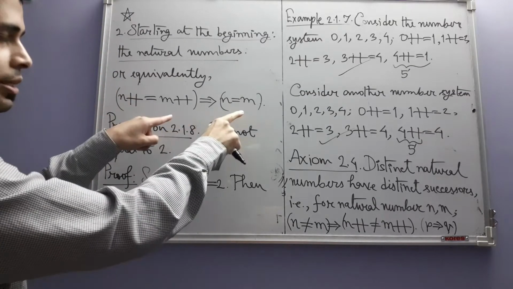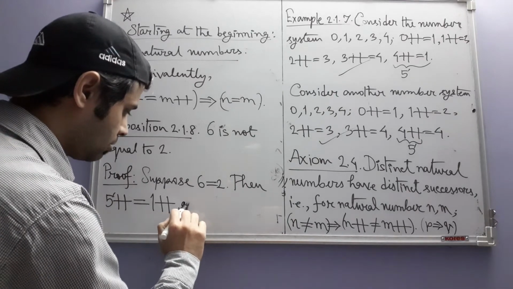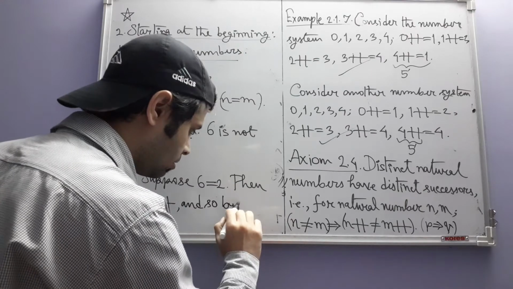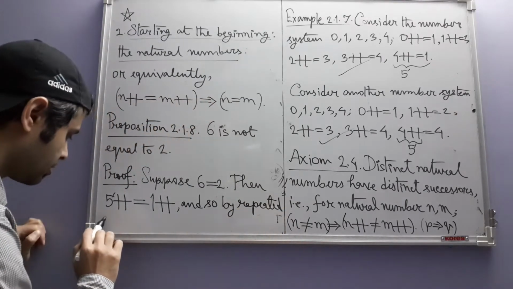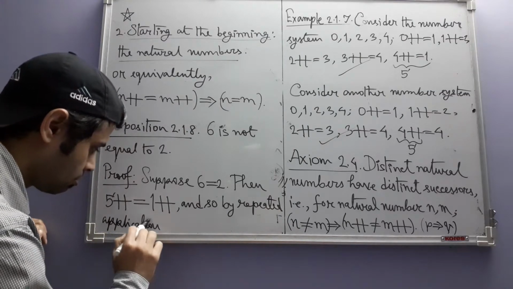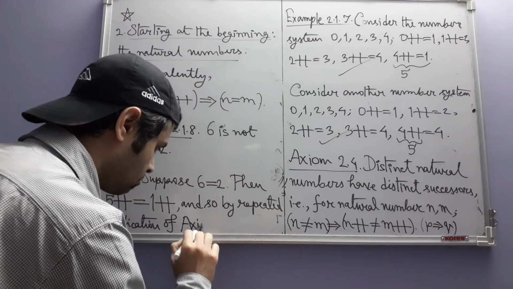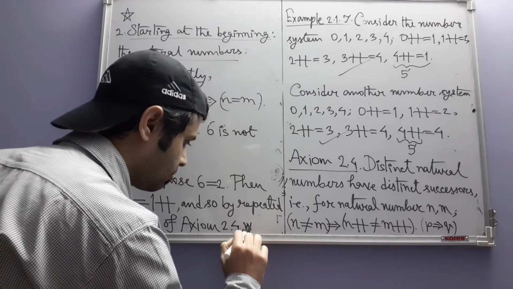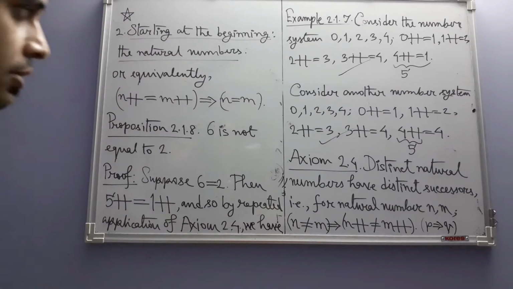So if we look at this, and so by repeated application of axiom 2.4, we have, what shall we have?